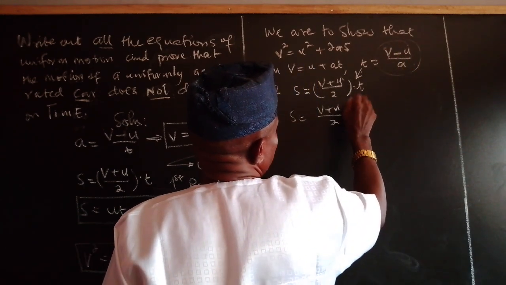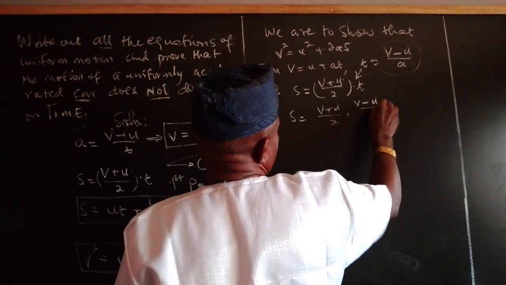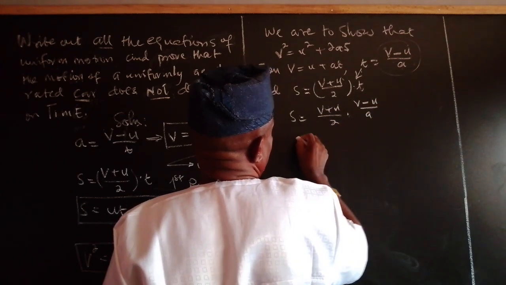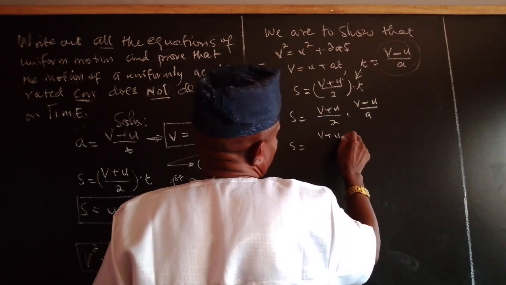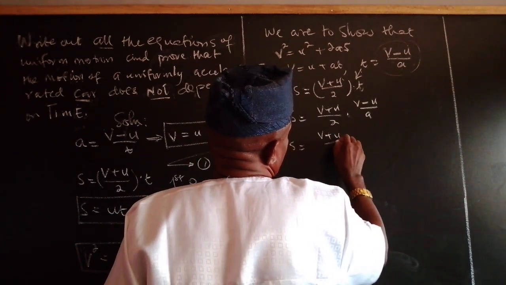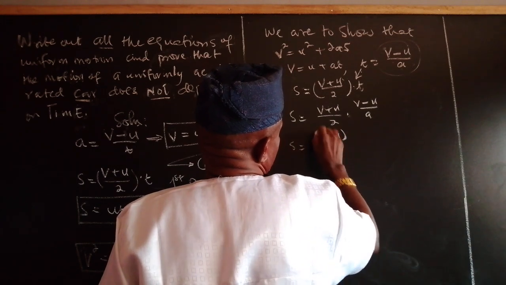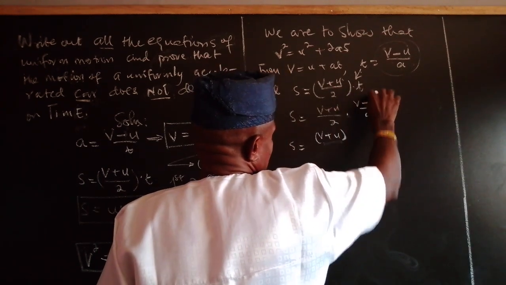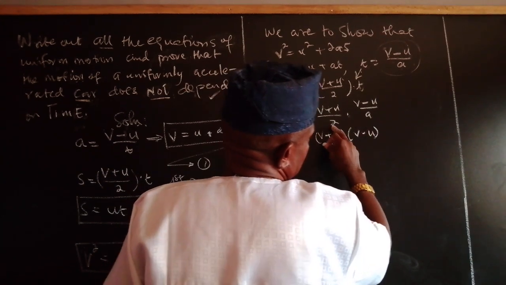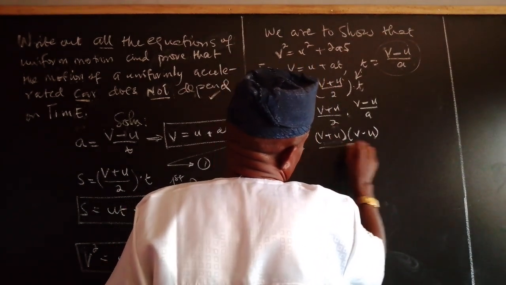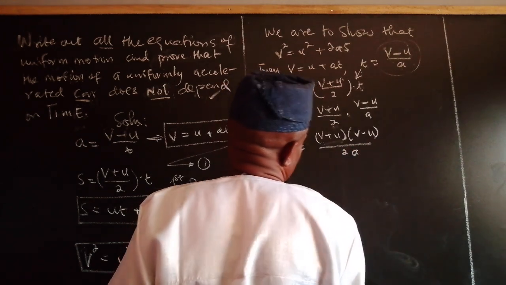So if we do that, we're going to have v minus u over a. So if we do this, that's going to be v plus u, all right? v plus u, this multiplied by this, v minus u. Then the denominators, 2 times a, that's going to give us 2a.